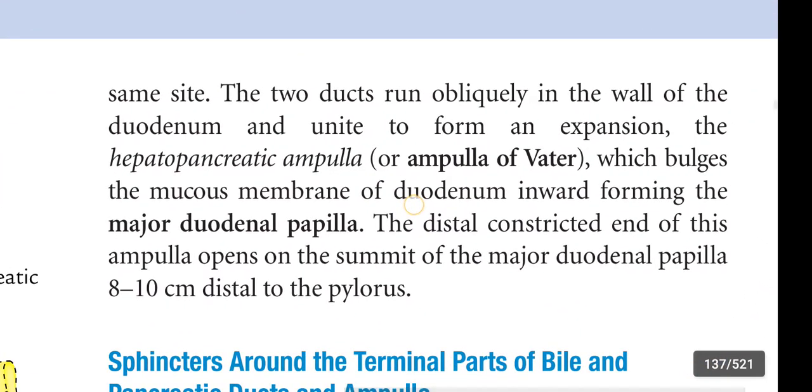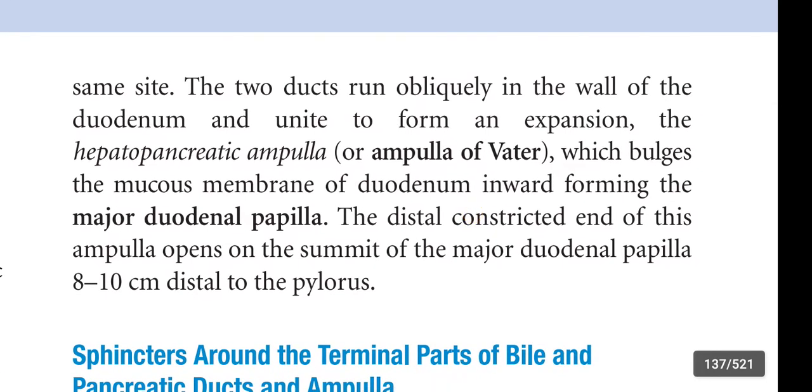At the same time, the two ducts run obliquely in the wall of the duodenum and unite to form an expansion, the hepatopancreatic ampulla or ampulla of Vater, which bulges the mucous membrane of the duodenum inward and forms the major duodenal papilla.